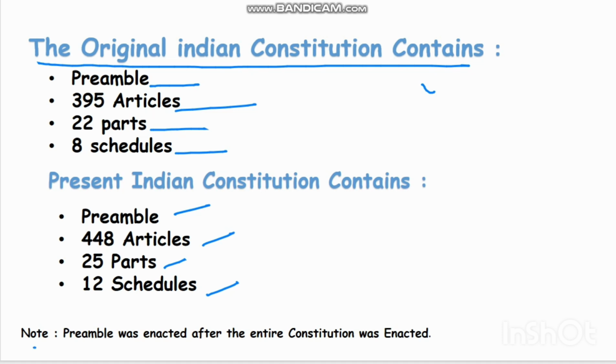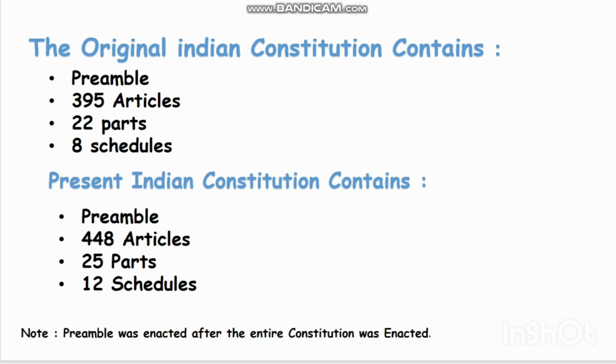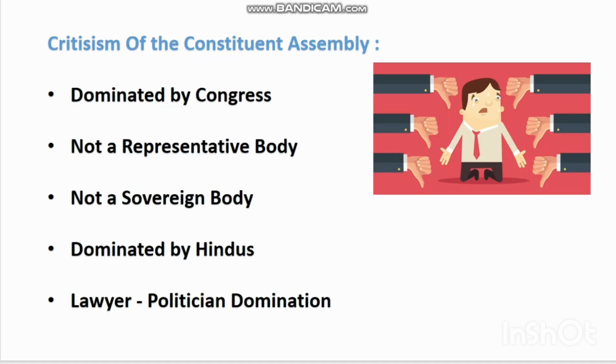So note that the preamble was enacted after the entire constitution was enacted. Even though the preamble is on the first page, it was enacted after the entire constitution was enacted. Even though our Indian constitution was fair to all classes of people, there were some criticisms.